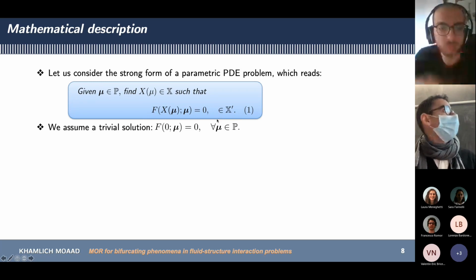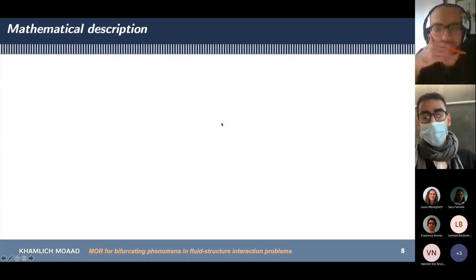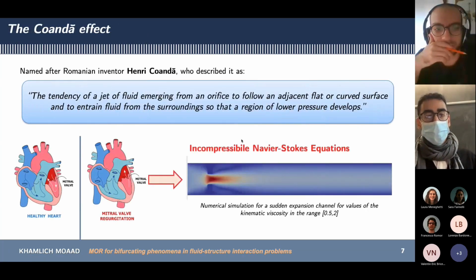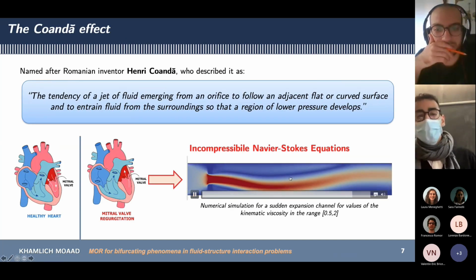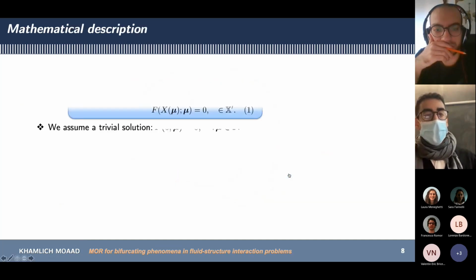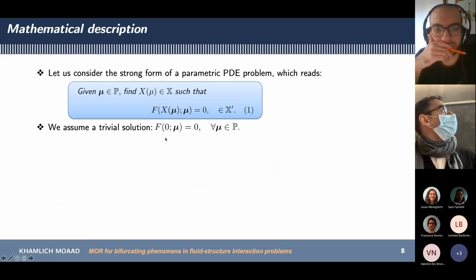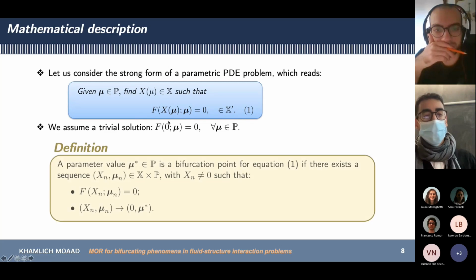This is just a hypothesis, which is obviously not true in our case, because in this case the reference configuration is the symmetrical solution, so a symmetric fluid jet. But by taking into account these hypotheses, basically we are stating that the bifurcation branches off from the trivial solution.